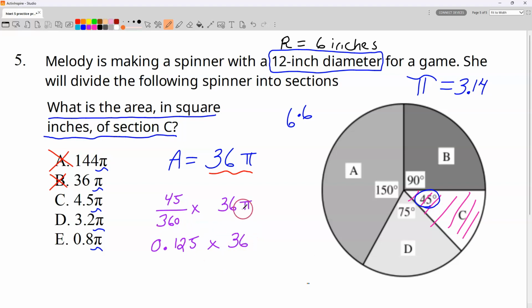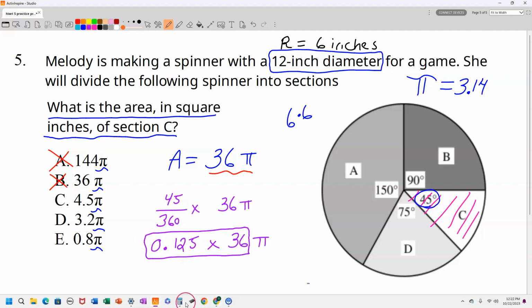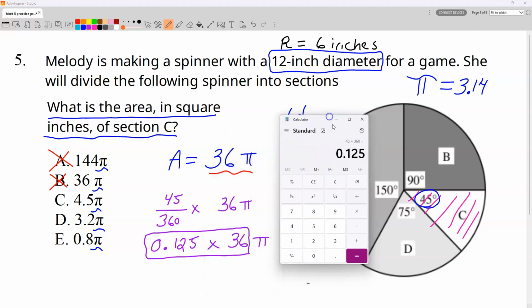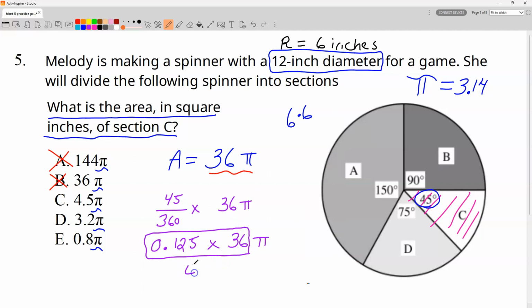Really, just this would be good, but I'm just bringing down my pi symbol each time. And let's just do this piece right here. 0.125 times 36 equals 4.5. And that's my answer, the one with the 4.5. You can bring down your pi symbol. You could have really just excluded it from all those calculations as well. So the answer is C, 4.5 pi, right here.